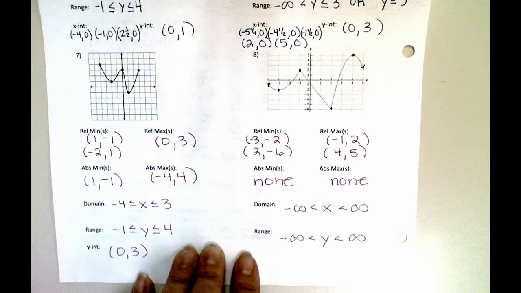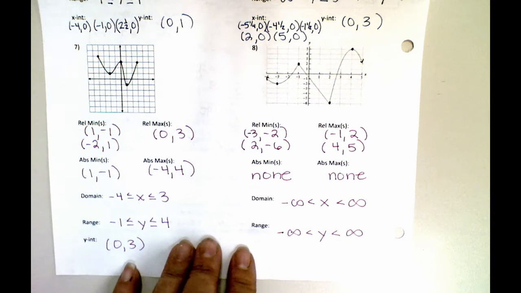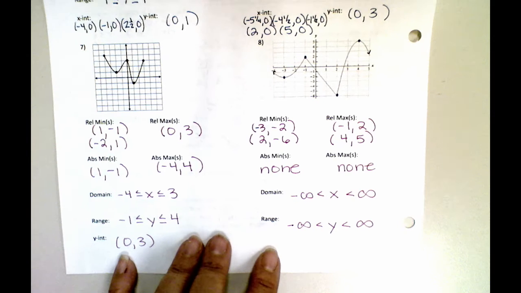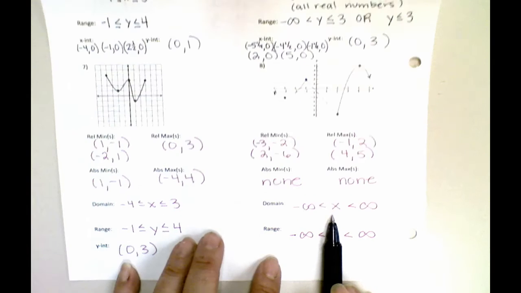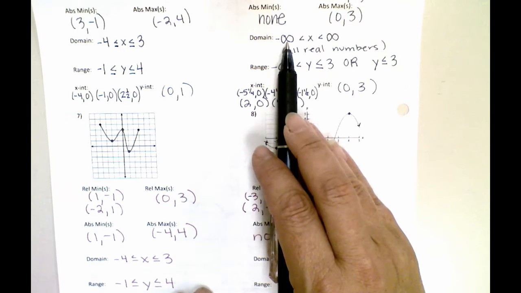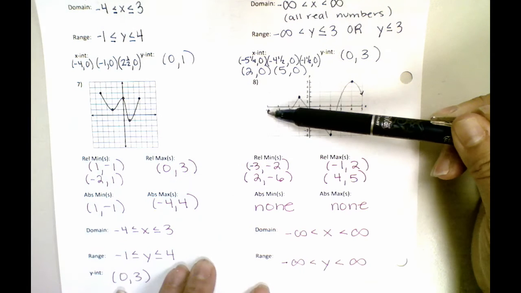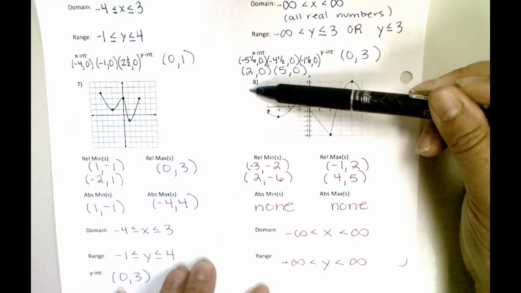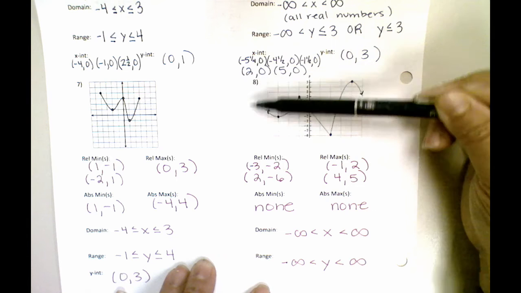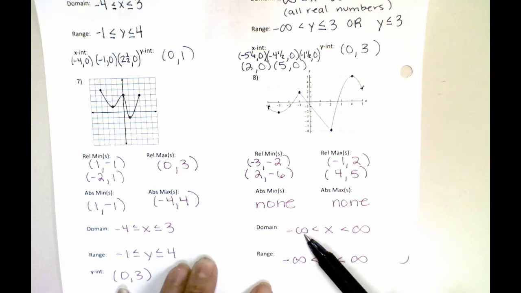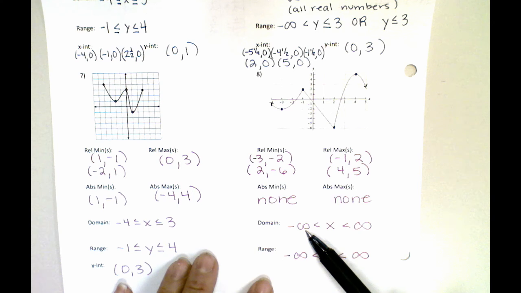So there is no absolute max, so no absolute extrema at all on this graph. Also, because of those arrows, when I go to do my domain, much like on the one we did together in number 6, when I look to the left, this arrow is continuing left. So there is no wall that I hit of leftmost value, so it can continue to -infinity.